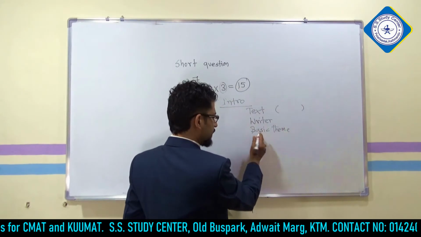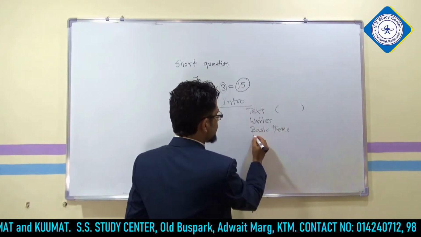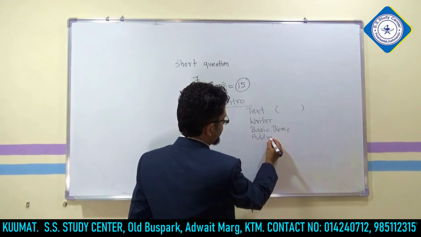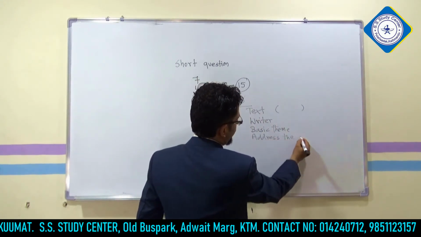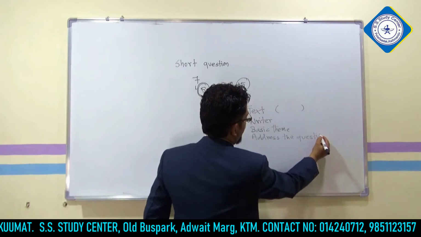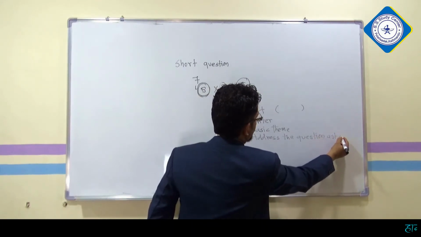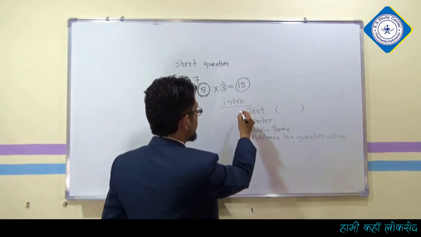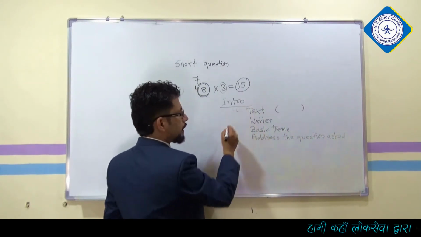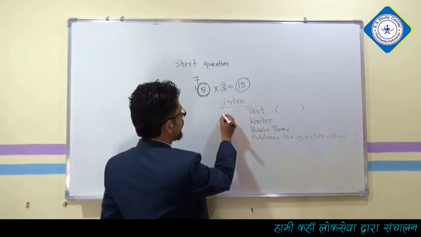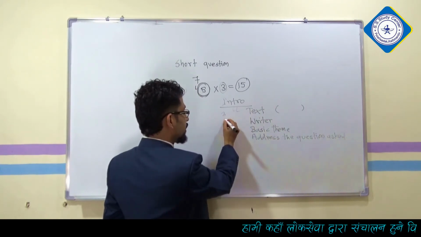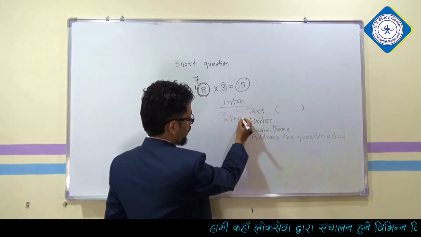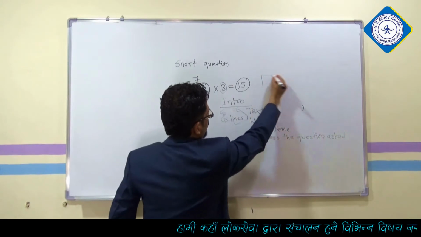The final element is to address the question asked. Whatever question is asked, you are going to write it within 2 or 3 sentences. As far as the introduction is concerned, don't write more than 3 sentences, not more than 5 lines.